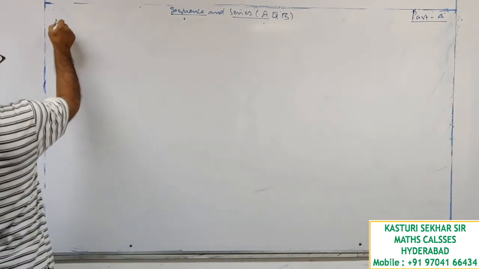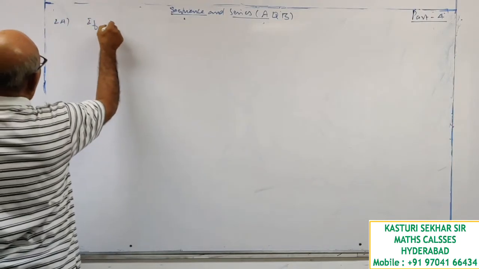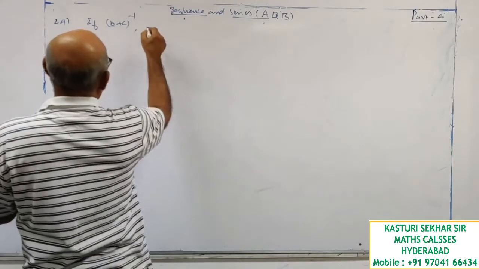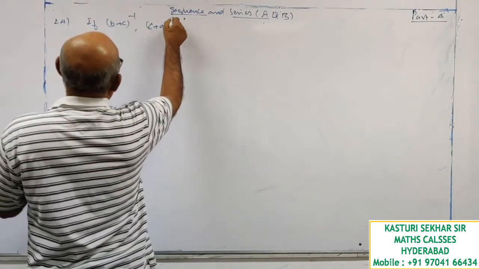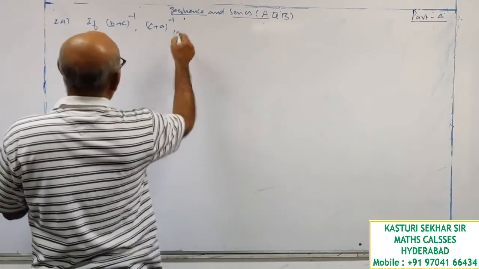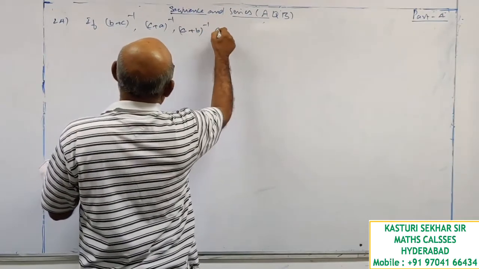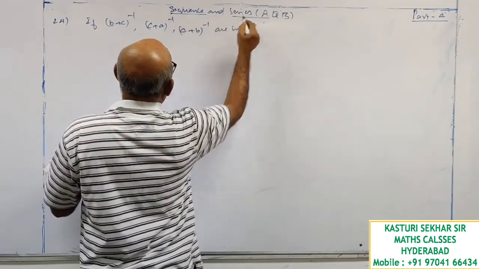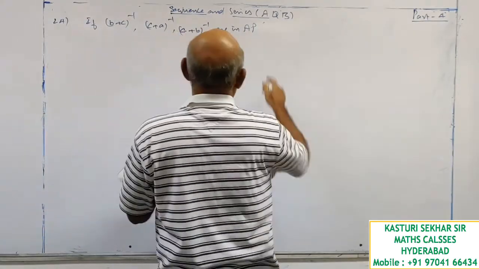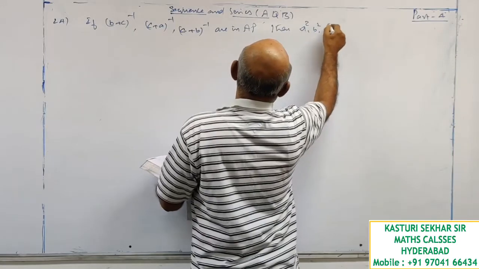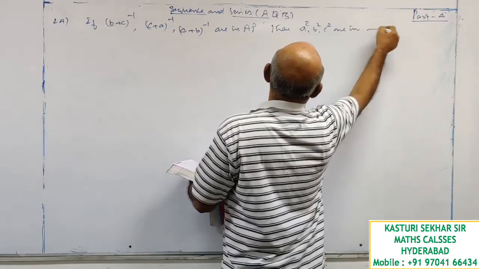Look at question number 24. If (b plus c) to the power minus 1, (c plus a) to the power minus 1, (a plus b) to the power minus 1 are in AP, then a square, b square, c square are in dash.